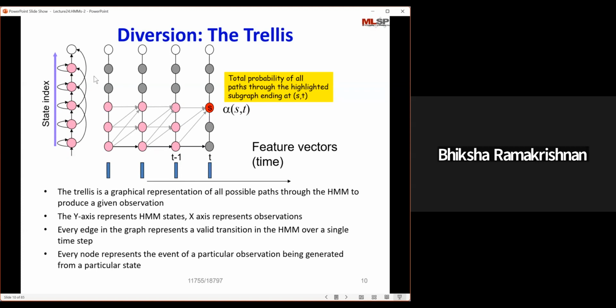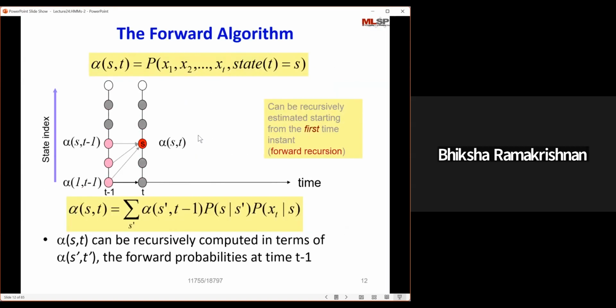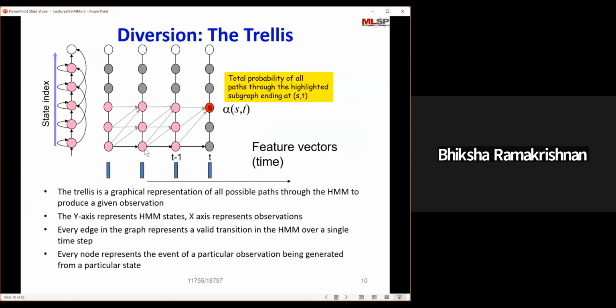The vertical axis represents the states of the HMM. And each arrow here represents a valid transition. So these horizontal arrows represent the event of transitioning from this first state back to the first state at each time. These arrows over here represent the event of transitioning from the first state to the second state at the next time, and so on.